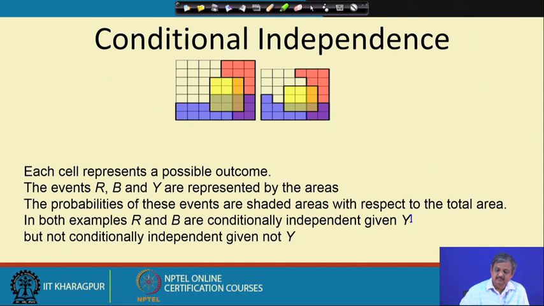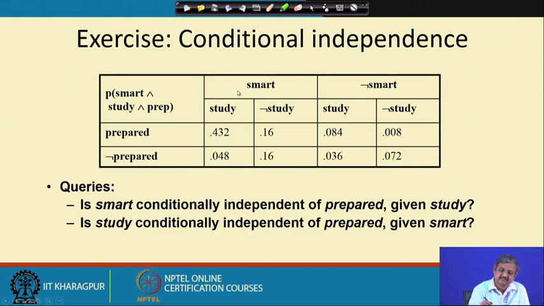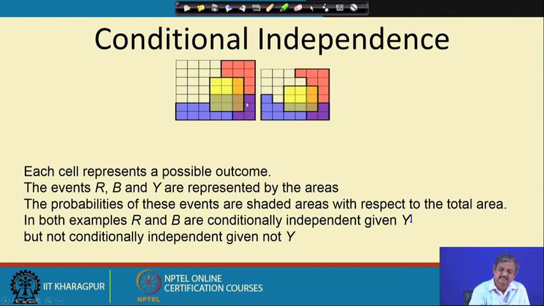So, in this case you see, if Y is given, R and B are independent. If I know Y has happened, I can tell something about the relative probabilities of R and B. All right, so this is an example.